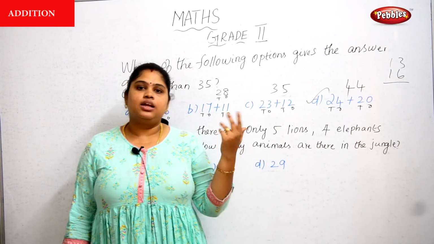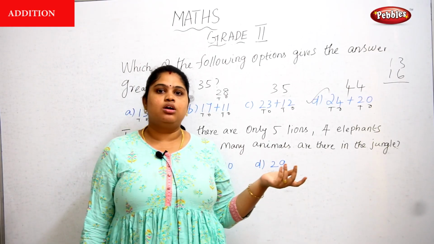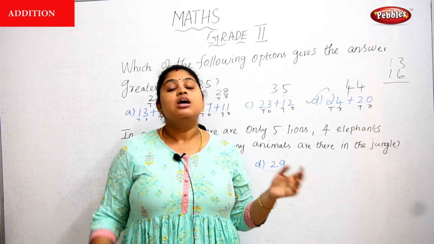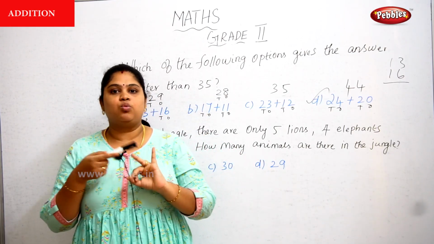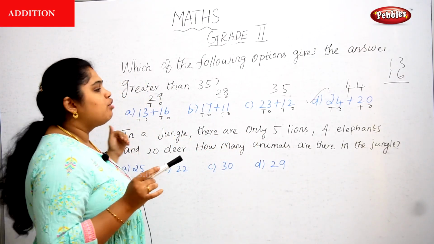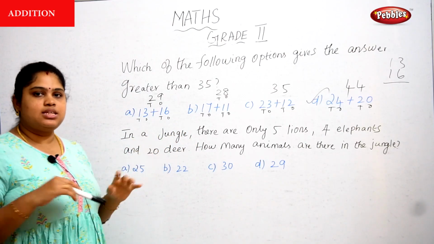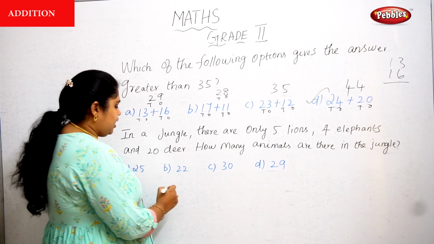We saw in the egg problem, set X, set Y and set Z, they asked the total number of eggs. The same thing they are asking here. Instead of eggs, they have given animals, different types of animals. So how many animals are there?